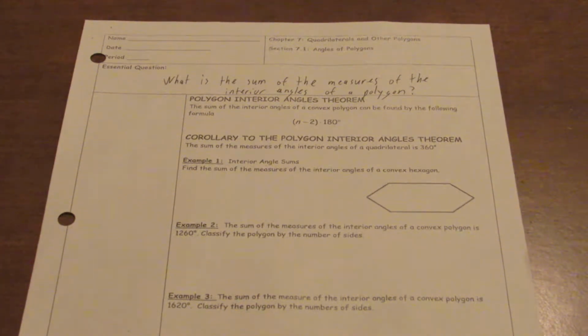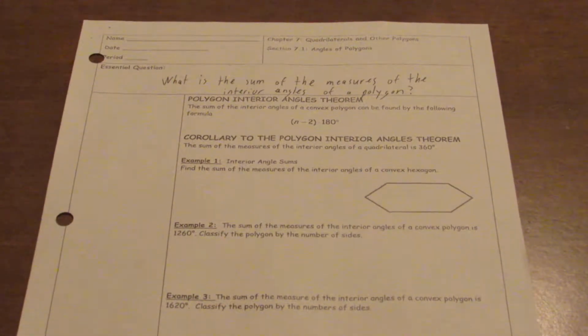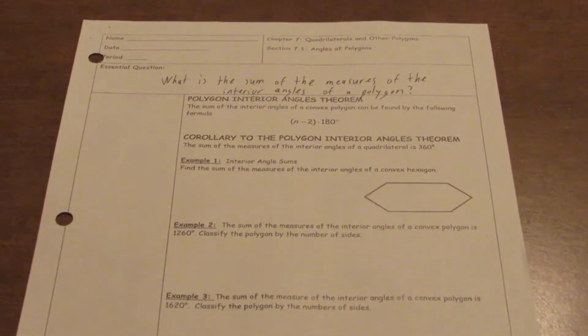So our first thing is our polygon interior angles theorem, which says the sum of the interior angles of a convex polygon can be found using the formula n-2 times 180. So n is the number of sides.